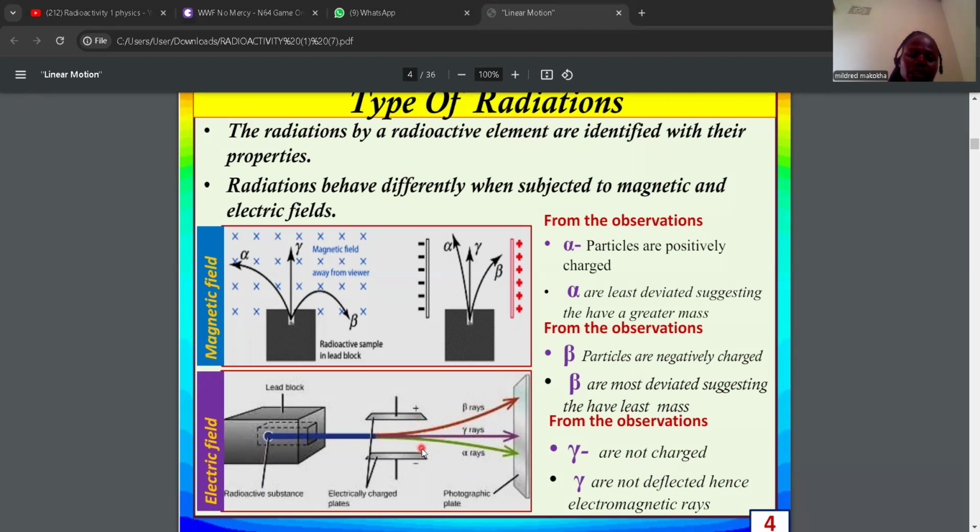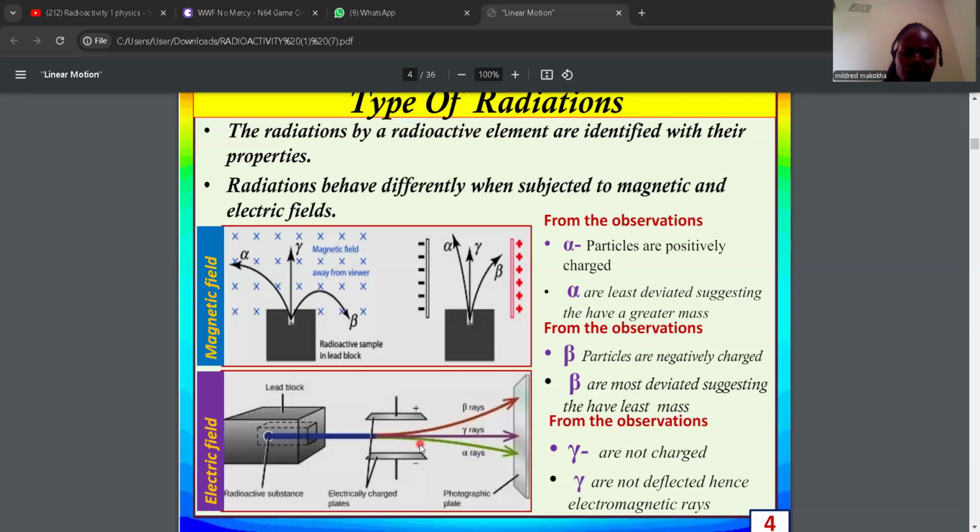And something else that is of importance to note, look at the extent of the deflection. The alpha particles are the least deflected, but the beta particles are deflected greatly. Why does that happen?